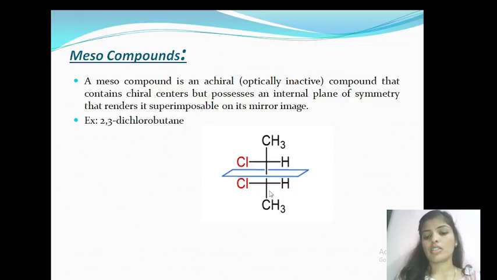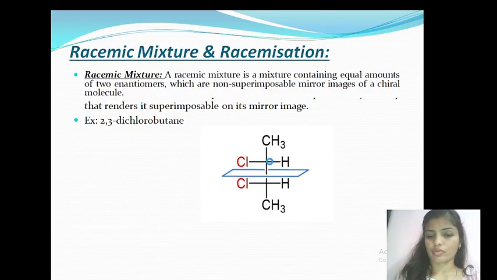Hence this type of compound is called a meso compound. Whereas enantiomers and diastereomers are optically active compounds, this meso compound, because of the plane of symmetry, is optically inactive.